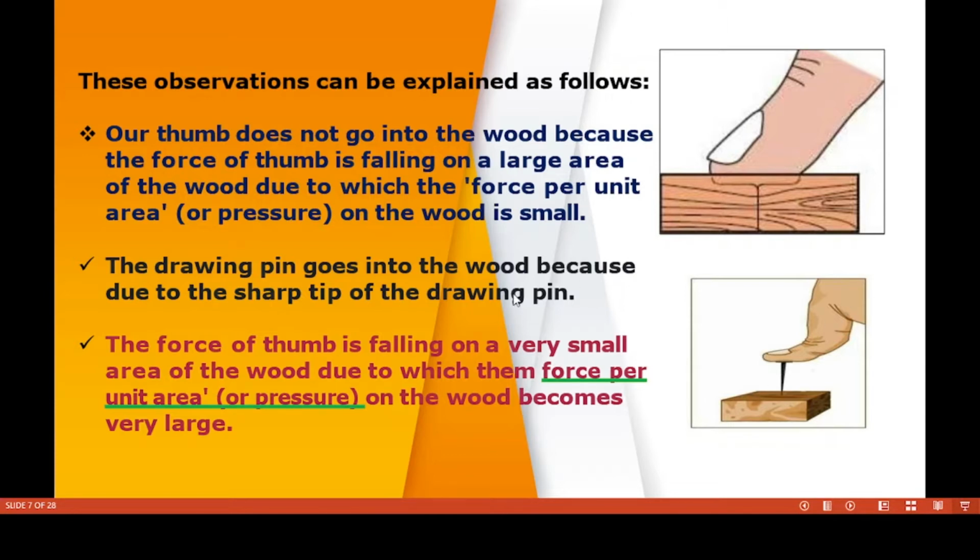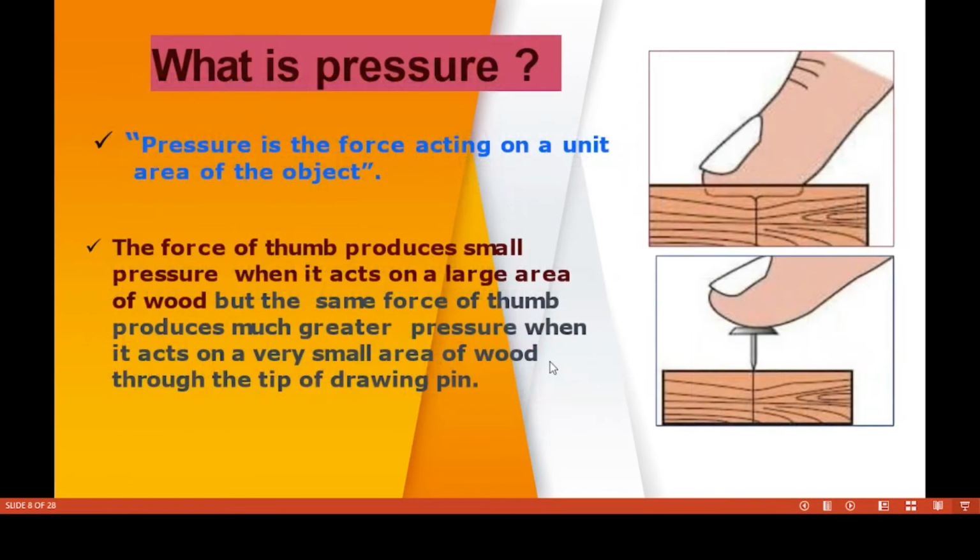But the drawing pin goes into the wood because, due to its sharp tip, the force of the thumb is falling on a very small area of the wood, due to which the pressure on the wood becomes very large. So from this we understood pressure is the force acting on a unit area of the object.